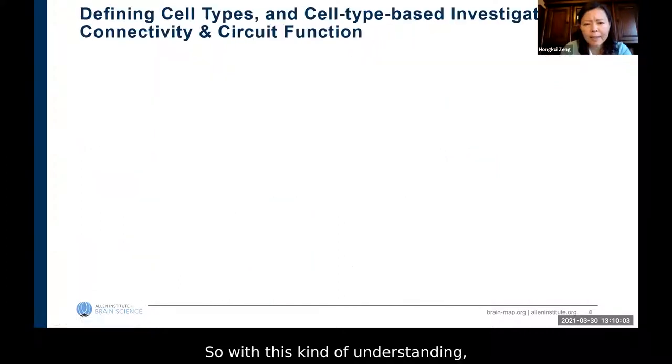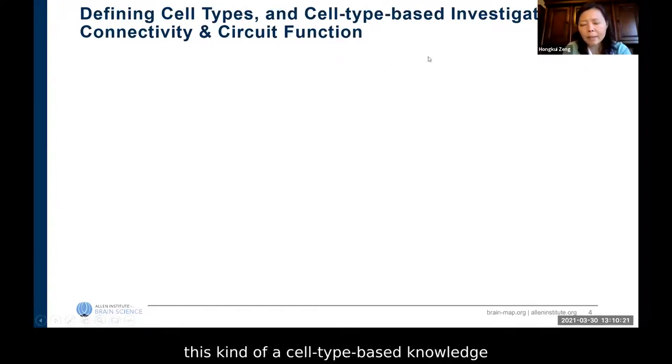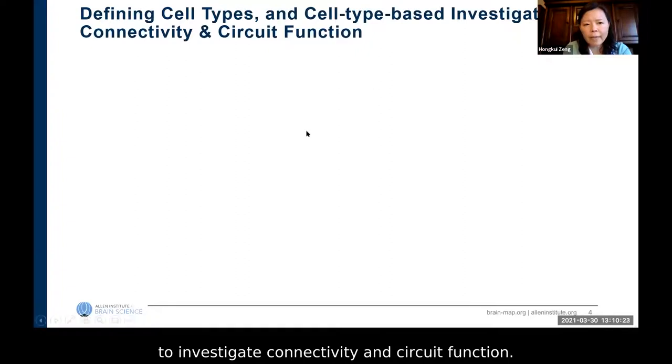So with this kind of understanding, at the Allen Institute, we have established a set of technology platforms for single cell characterization to use the information to define cell types, and then use this kind of cell type based knowledge to investigate connectivity and circuit function.